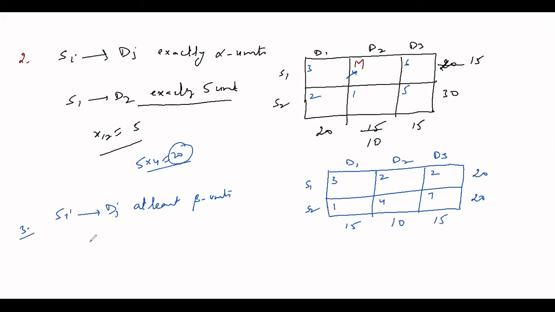Okay, suppose my condition is that source 2 to destination 2 supply at least 5 units.